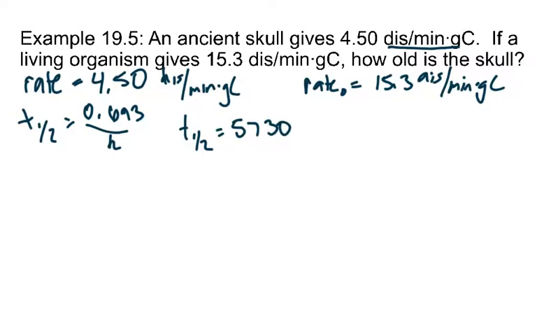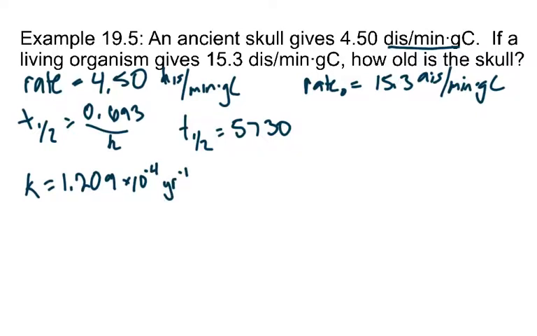I just looked that up from a couple slides ago. So we can find our k value. If we plug in those numbers, k works out to be 1.209 times 10 to the minus fourth per year.